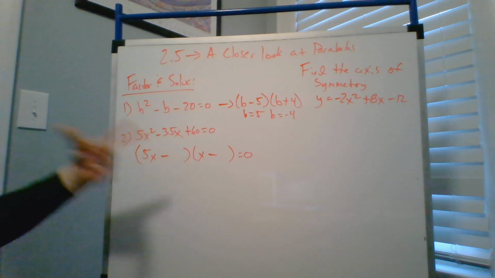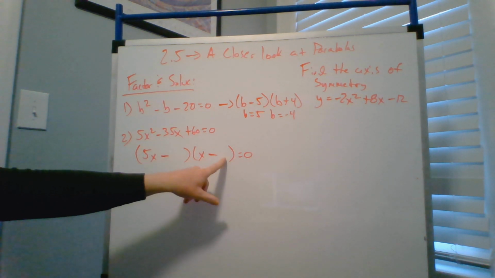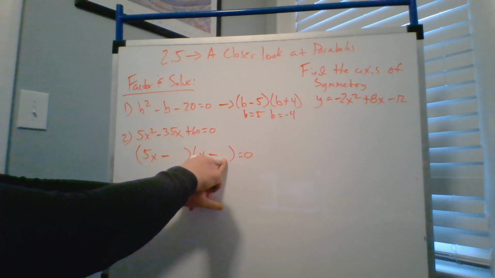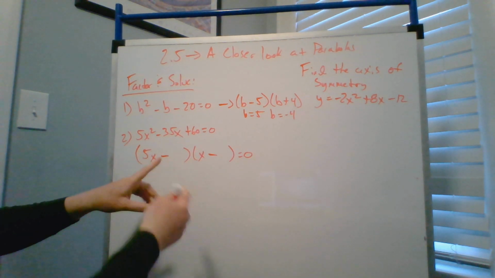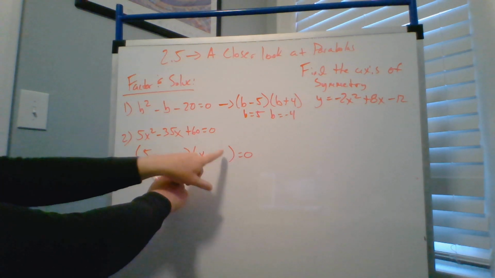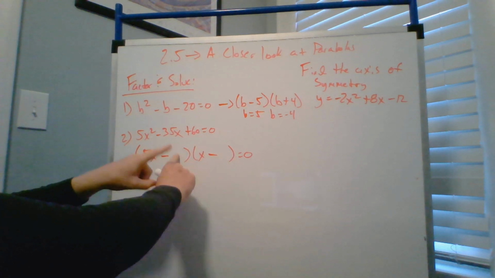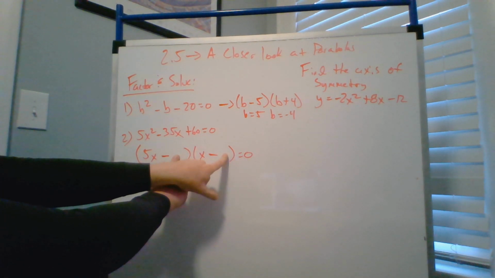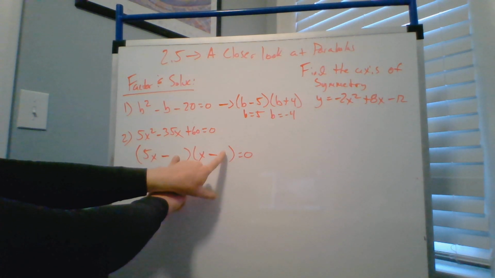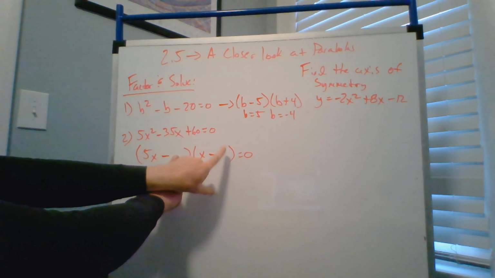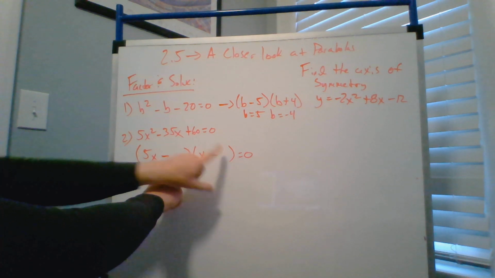So I'm thinking about this. Well, if I put 12 here, that makes this times 60. And if I put 5 here, that's not going to add to negative 35. All right, if I put 2 here and 30 here, that'll multiply to positive 60. But if I put 30 here and 2 here, that's going to be 10 plus 30, that's going to be negative 40.